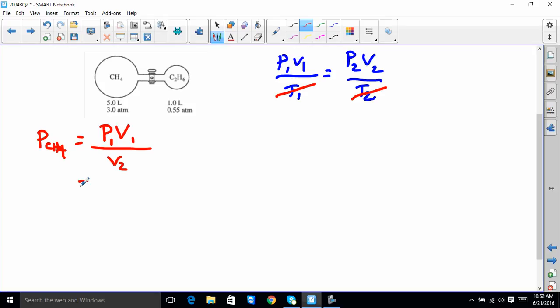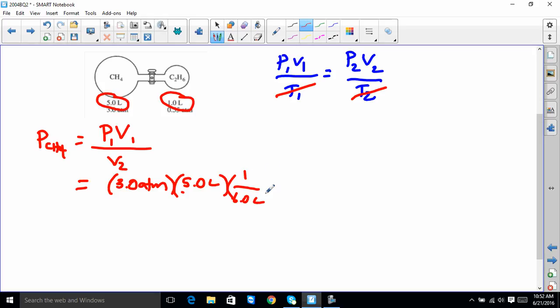And so the pressure starts out being 3 atmospheres, but the volume starts out being 5 liters. And then, interestingly enough, when you open the stopcock, the volume changes from 5 liters to 6 liters. We pretend that this is not here and this was empty. And so what happens is, and if you have number sense, this makes sense.